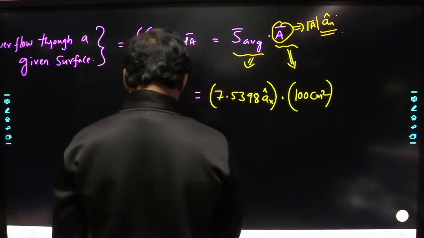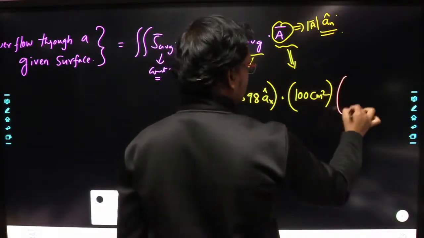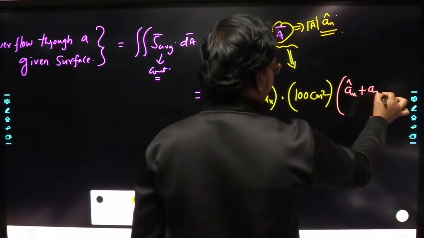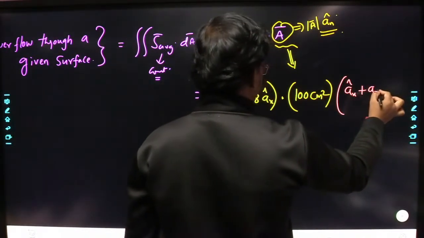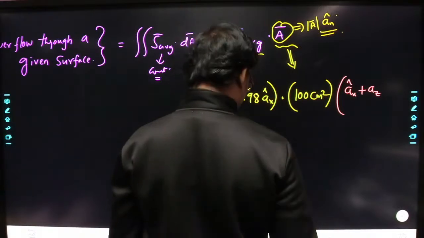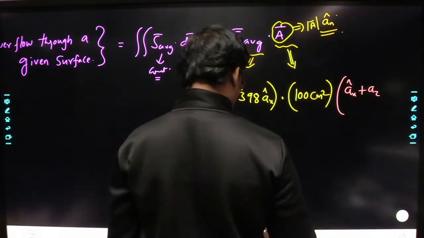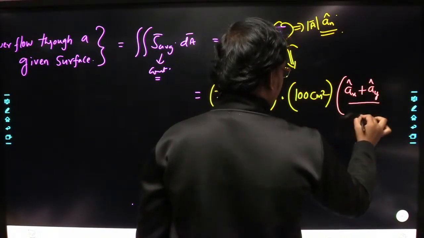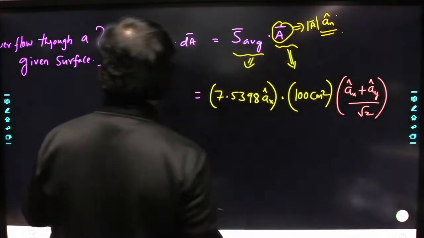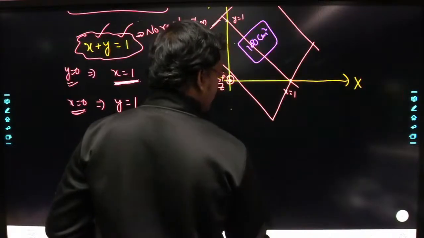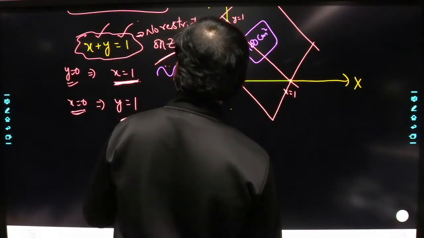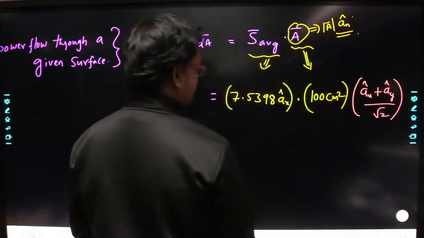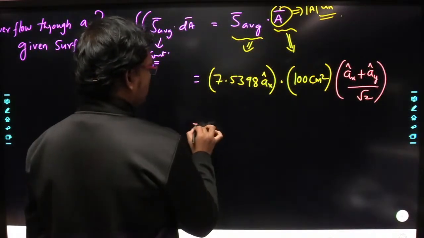So what is the unit normal we got? The unit normal we got is AX cap plus AY cap by root 2, right? So now if you do this here, what are you going to get?